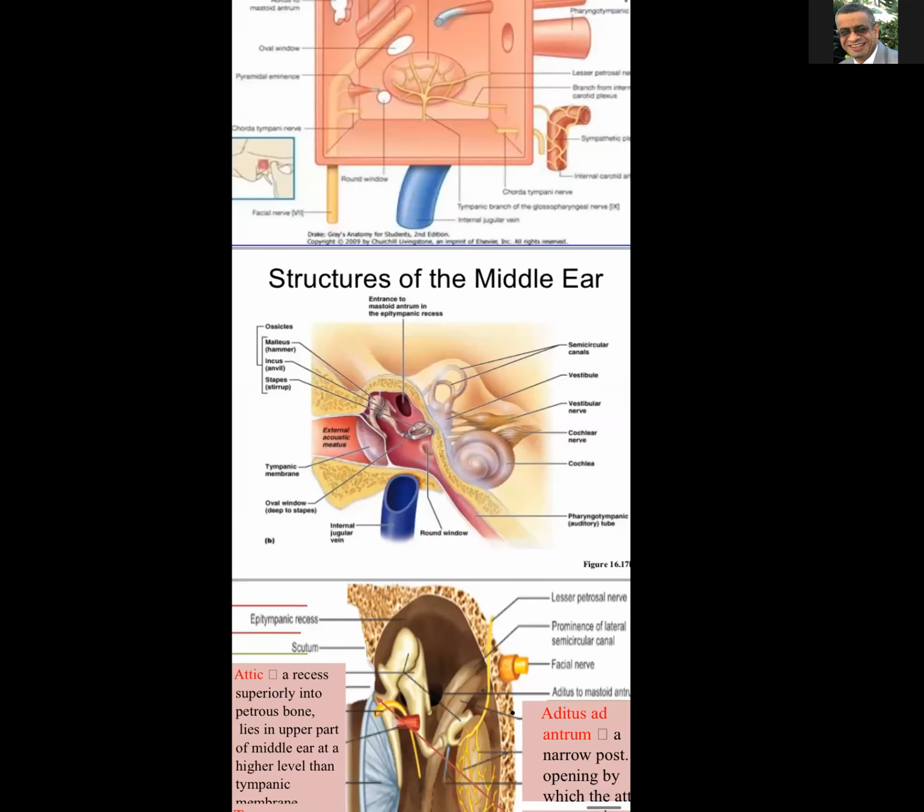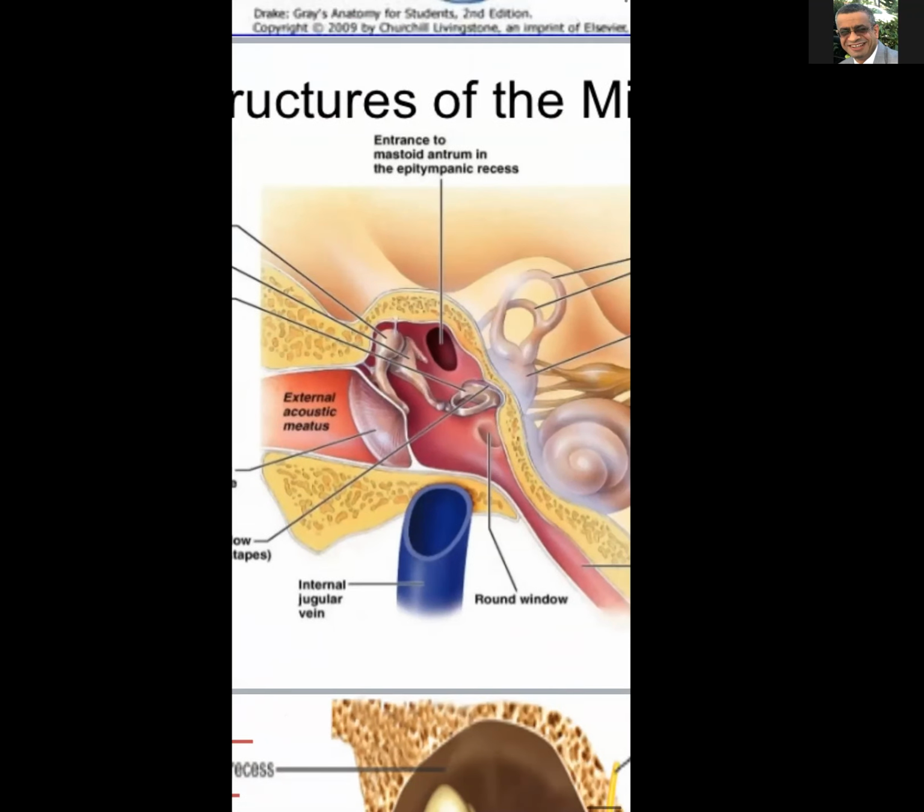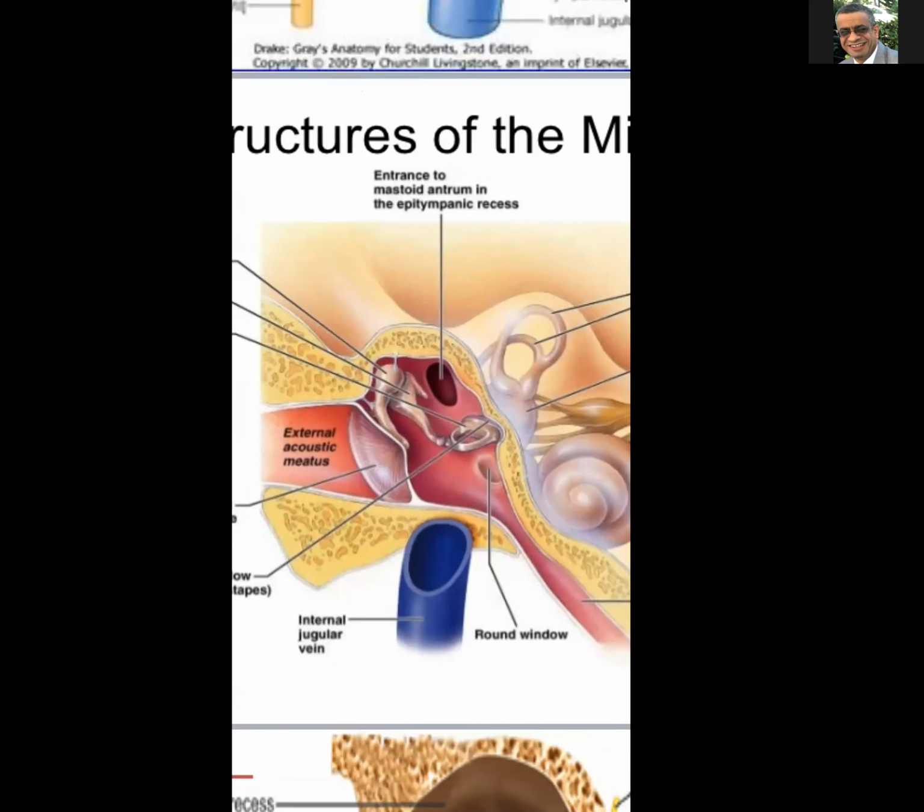The structure of the middle ear. In the middle ear, we have bones, we have muscles, and we have a connection. شوف هنا in the middle ear, there is an opening in the posterior wall of the middle ear. اسمه aditus to the mastoid. This opening will connect the middle ear with the mastoid air cells.